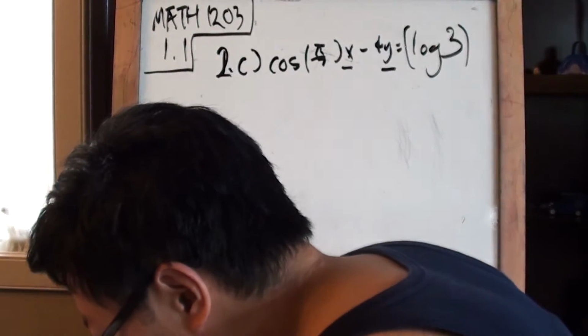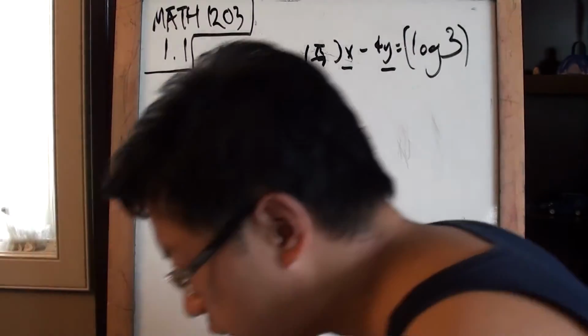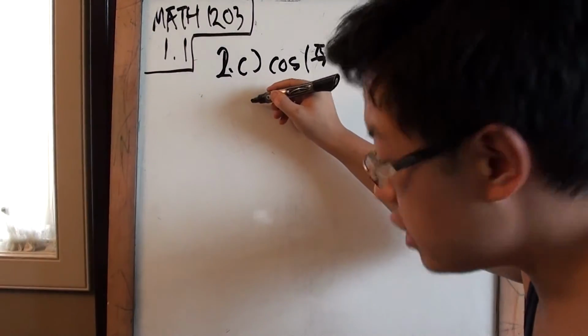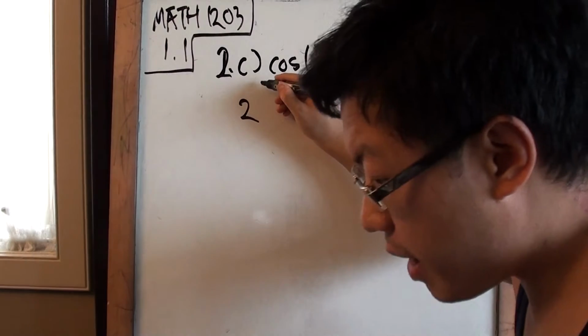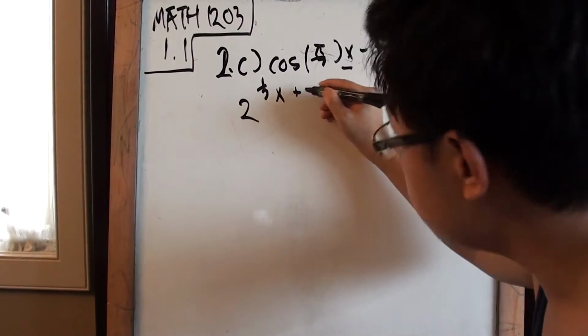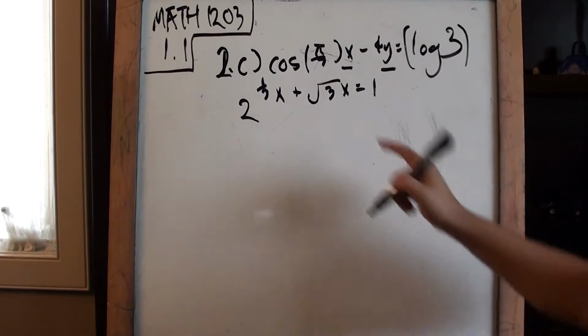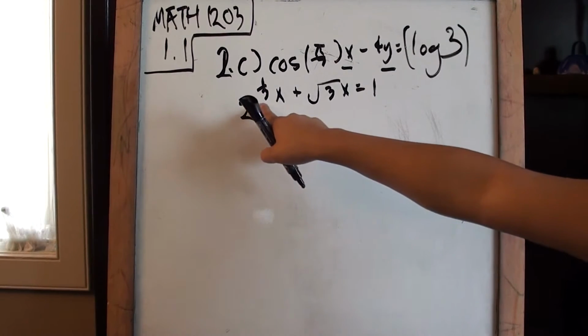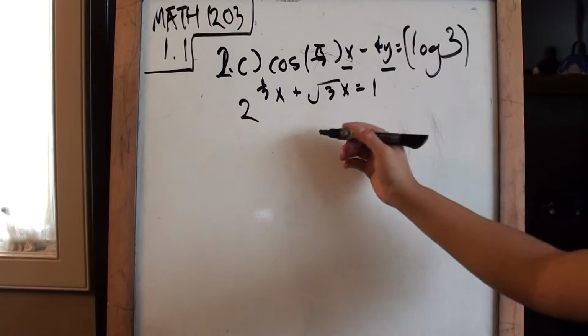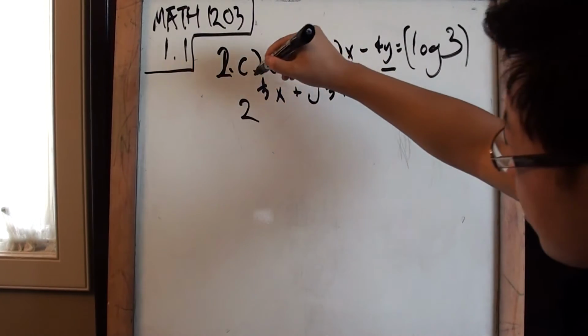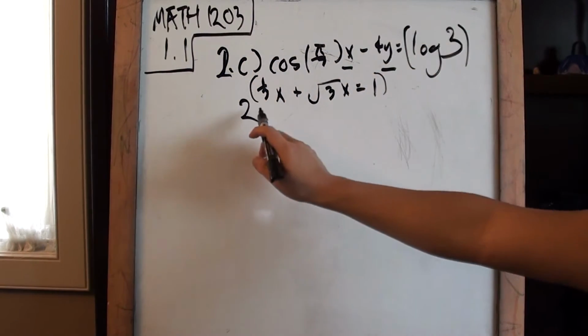If we were to look at other questions, perhaps 2a, so 2 to the power of 1/3 x plus square root of 3x equals 1. Do not write like this because this implies 2 to the power of everything, right?